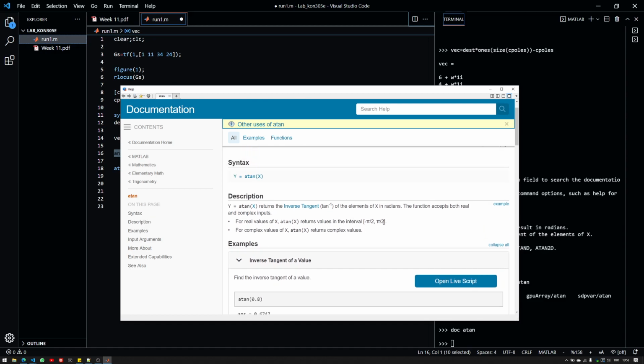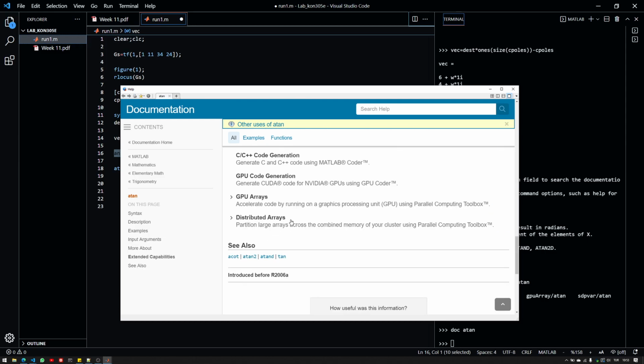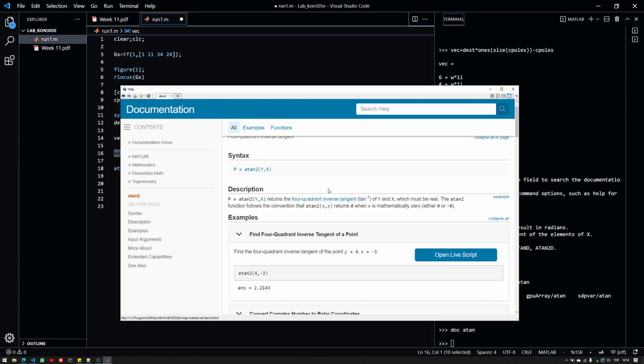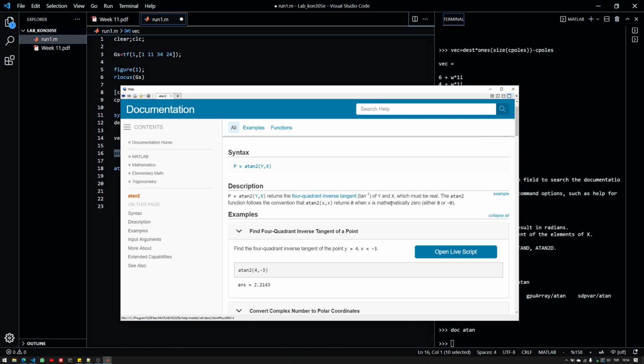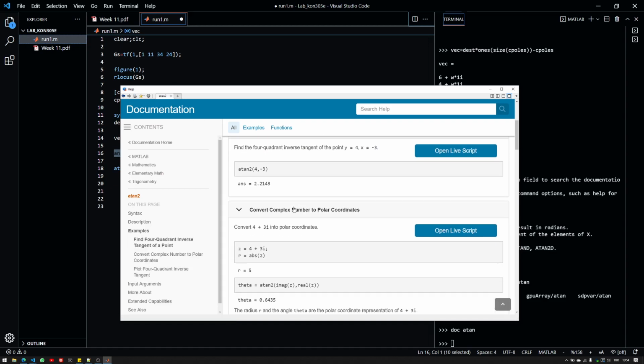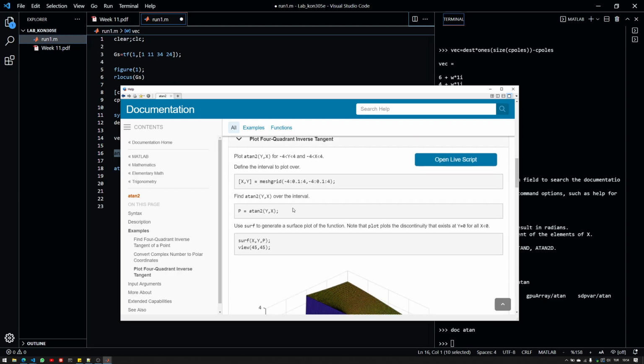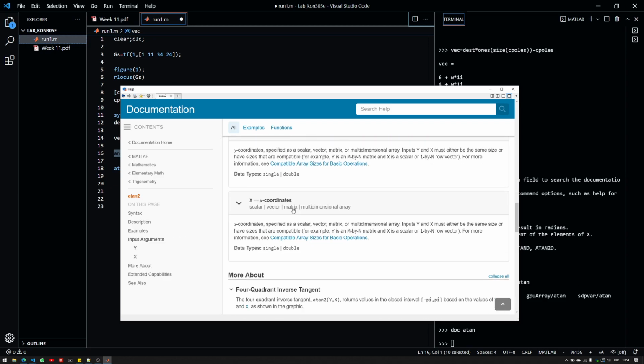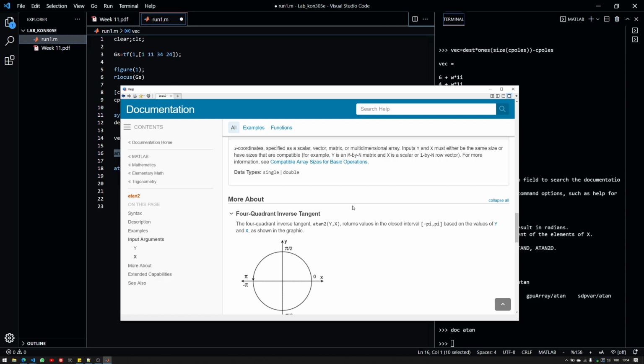Now, if you use a tan, you can see that the interval is restricted to minus pi divided by 2 and pi divided by 2. So we're looking for 360. So therefore, we might go ahead and use a tan 2, which is documented here. It's a 4 quadrant inverse tangent.